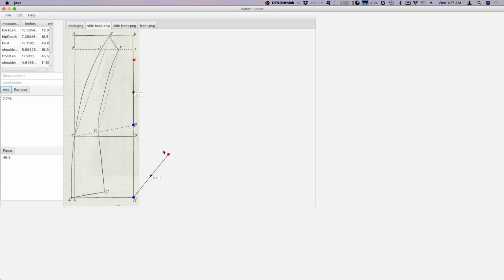One thing that I thought it might be useful for is locating the waistline of various small patterns, such as in corsets and crinolines. Anyway, that's all for now.